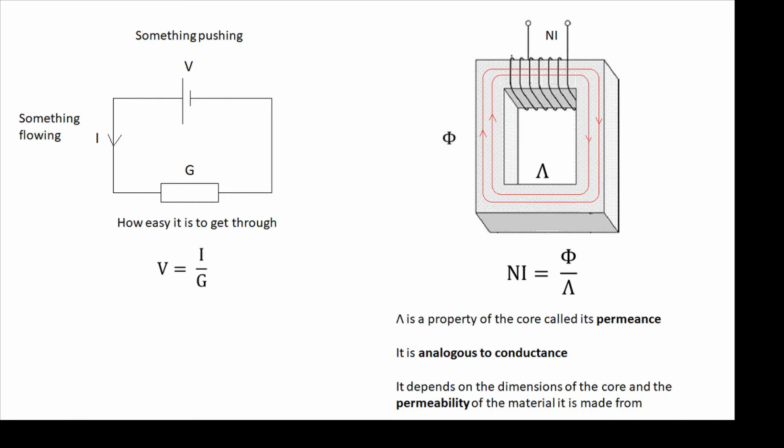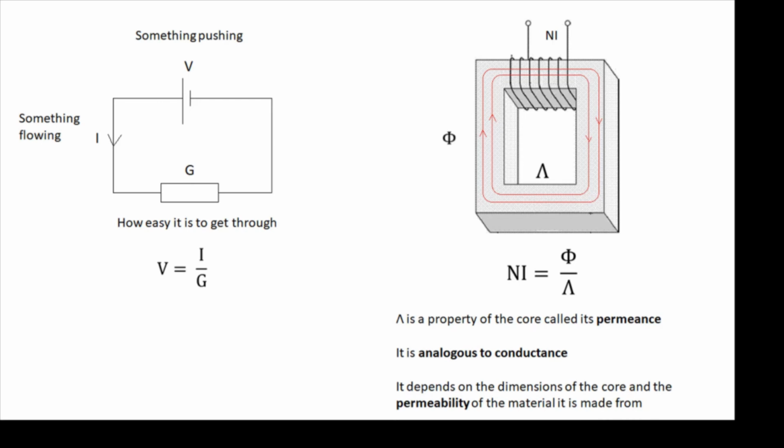The conductance of the conductor lets us know how easy it is for the current to flow through. So V equals I over G. Hopefully you remember V equals IR, and resistance and conductance are the opposite of each other. But more importantly, V is pushing, I is flowing, G is how easy it is to flow.